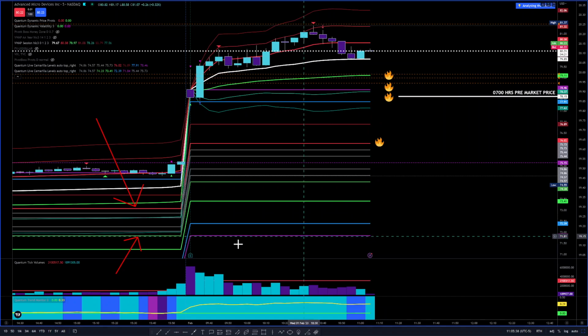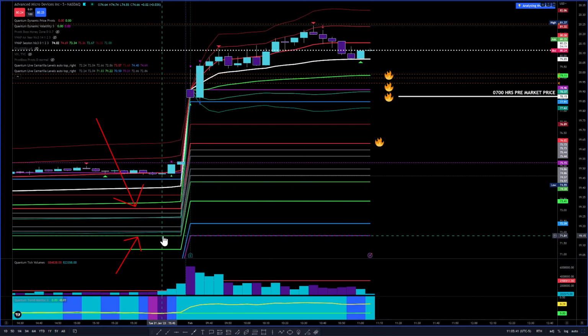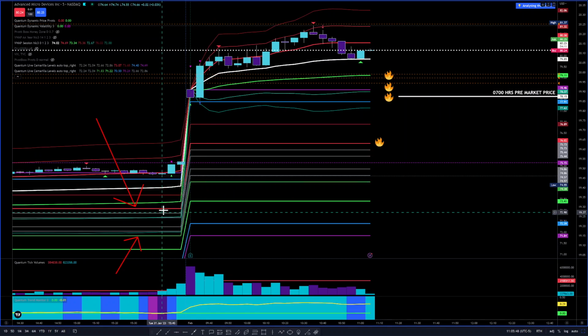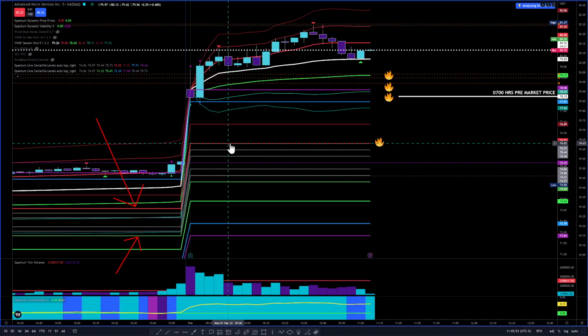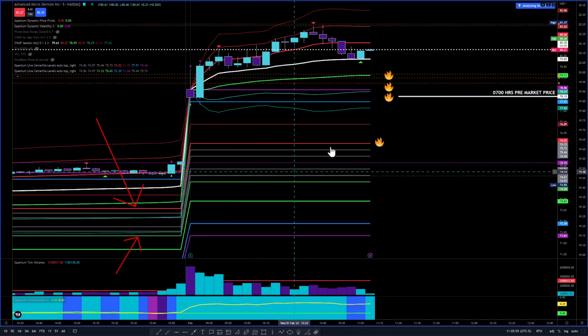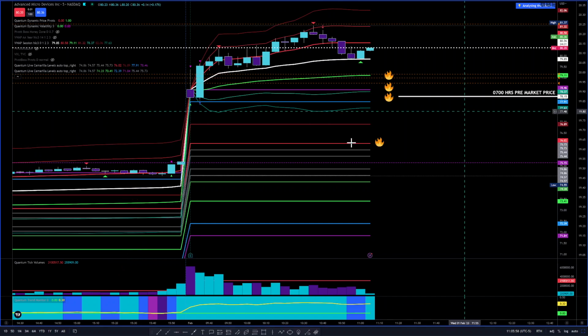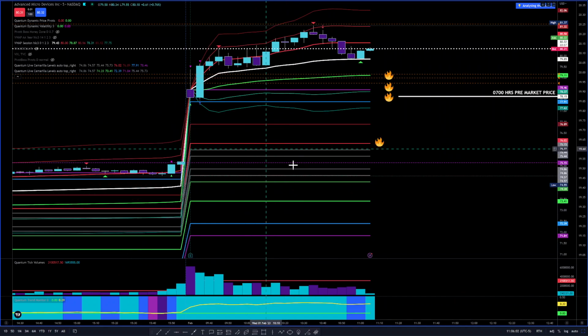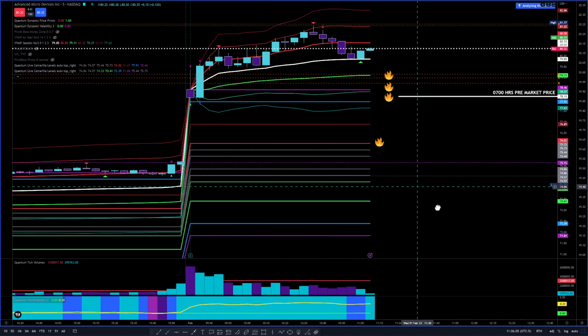S3 was at 71.85. Now S3 is at 74.28, which is higher than yesterday's R3. And now R3 today is at 76.02. So it's a bullish thesis on all indicators. Everything is correlating to look for longs.